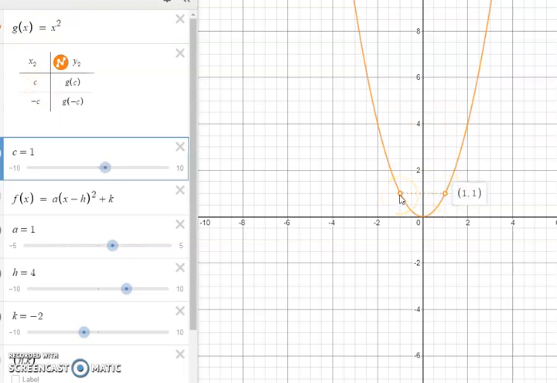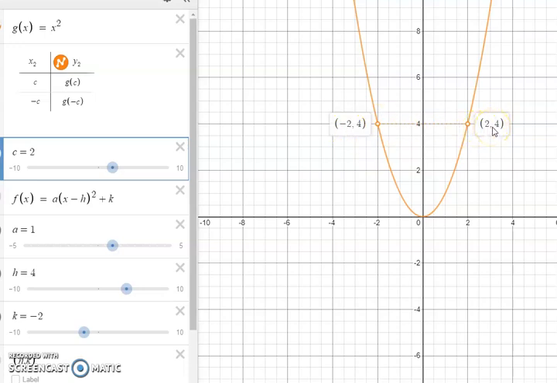Negative 1 squared, negative times negative is positive, also gives me 1. So if I put 2 in, 2 squared is 4, and negative 2 times negative 2, negative times negative positive, is also 4.